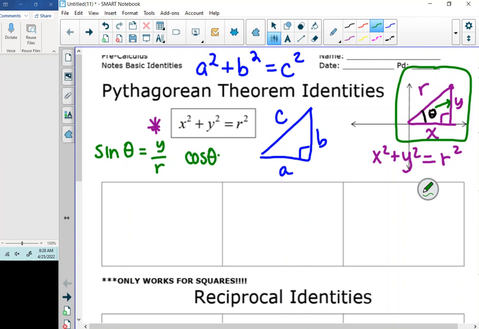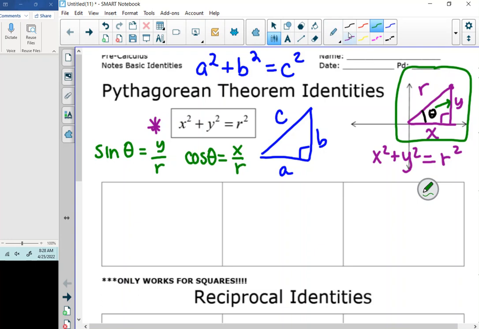And we can talk about cosine as x over r. We talked about that in Unit 1. We connected the SOHCAHTOA relationships in the right triangle to an XYR thing where XY represented an ordered pair on the unit circle, because you could still also think of XY as the sides of the triangle.